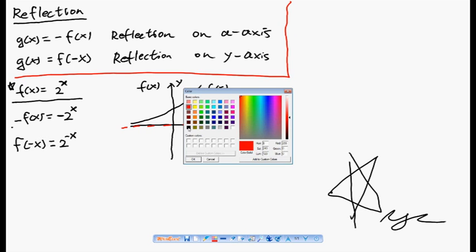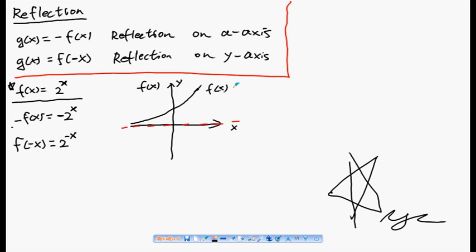So this is the graph of this function here, 2 power of x. You don't need to know why for now. We're going to learn this in the chapter on exponential functions. But for now, I just use it as an example.